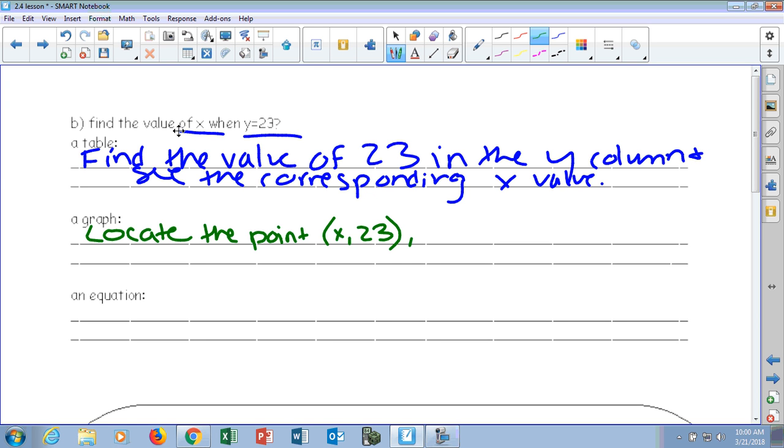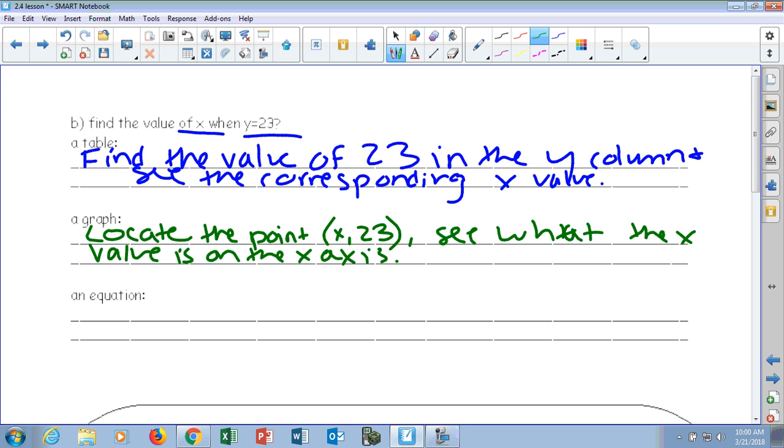And how are you going to do that? You're going to look at that line, see where your y is 23 on the line that they created, and determine what that x value is. So once we find that point, we're going to see what the x value is on the x-axis.